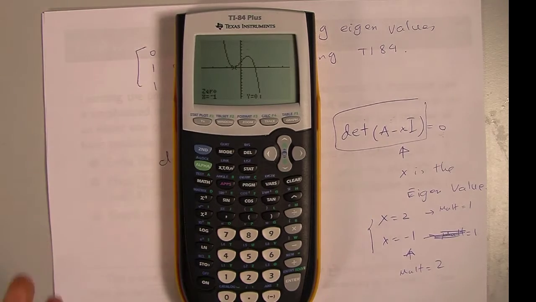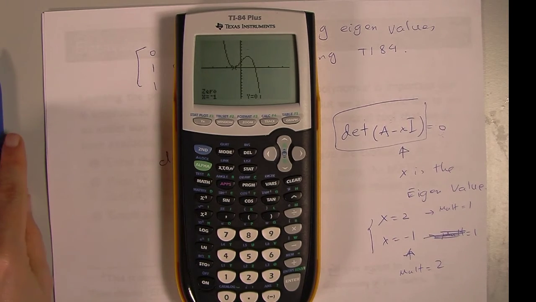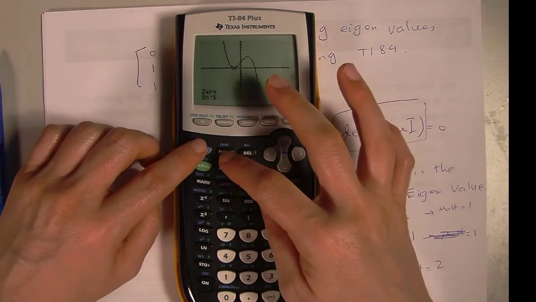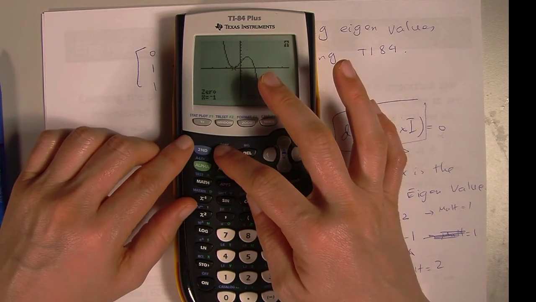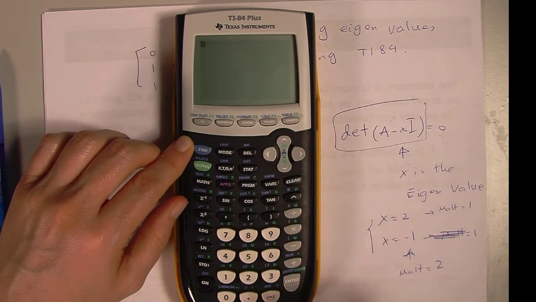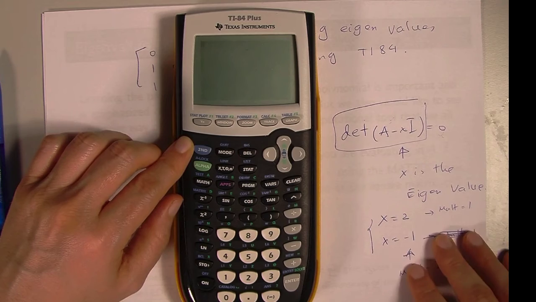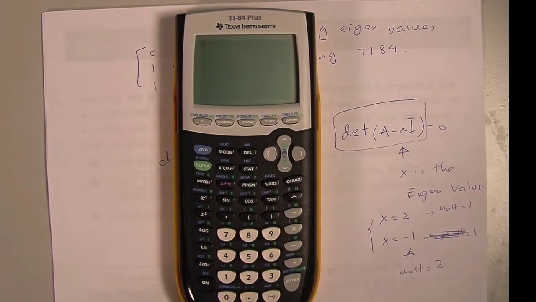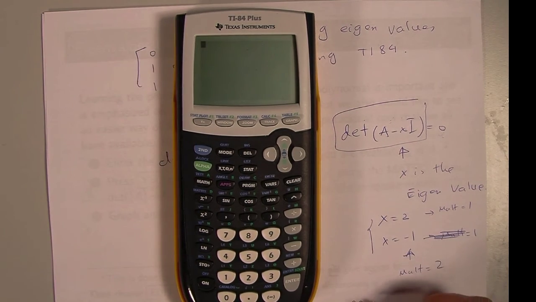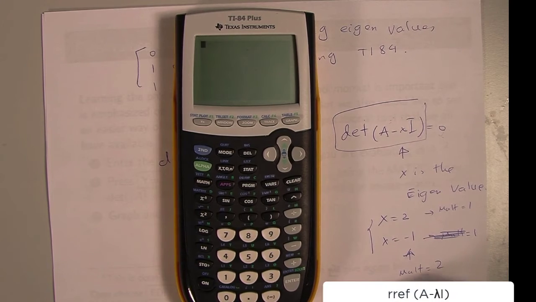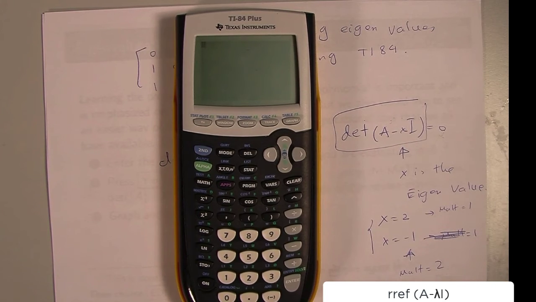Now, we can use this material that we already have to solve for the eigenvectors. One quick way of doing this, and I will not complete it, but I will show you how to find the reduced row echelon form of A minus lambda I quickly on your calculator.